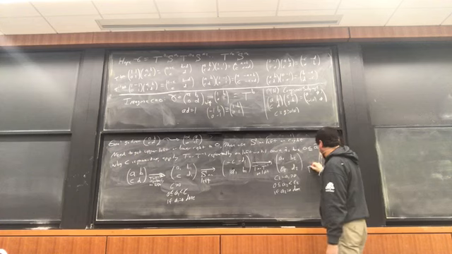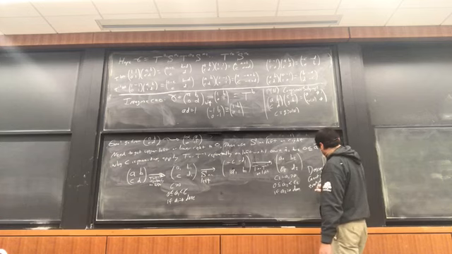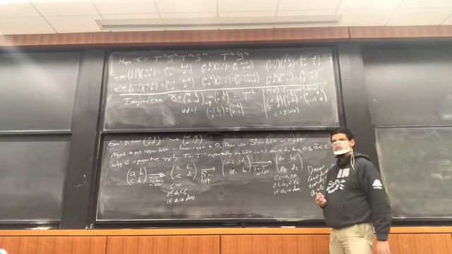So basically this is a descent argument. Cannot do infinitely often. Eventually A sub L will have to be 0.